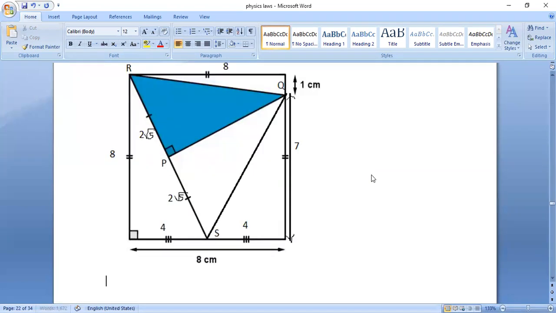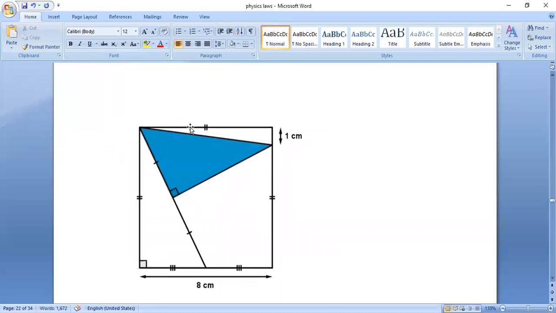Okay. See, this figure is a little similar to the previous one, except that this shape is known, this shape is known. Both are right angle triangles, but this shape is not known.